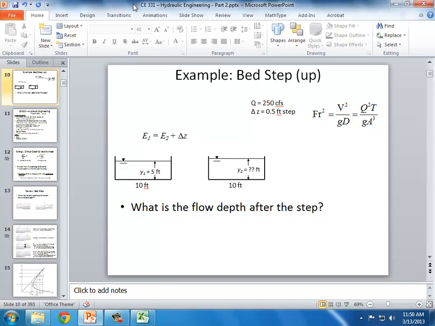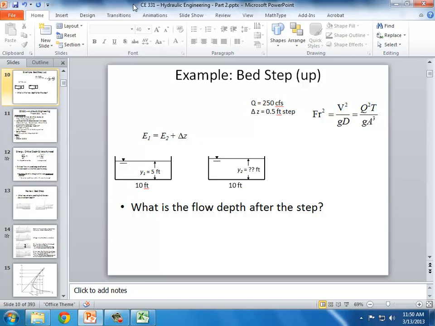The roots of that are negative 1.26, 1.762, and 4.383. Of those, it's going to be the subcritical root, and so it'll be 4.383 feet after the step up.